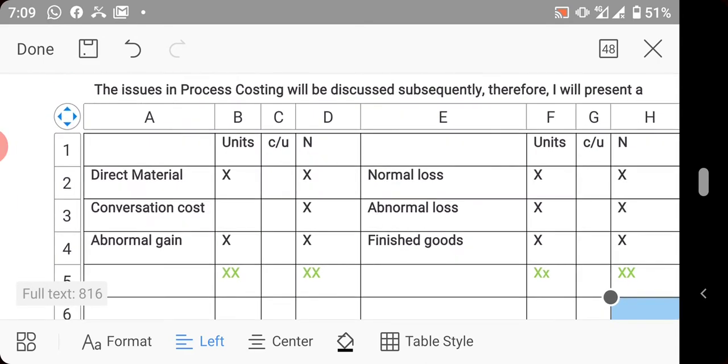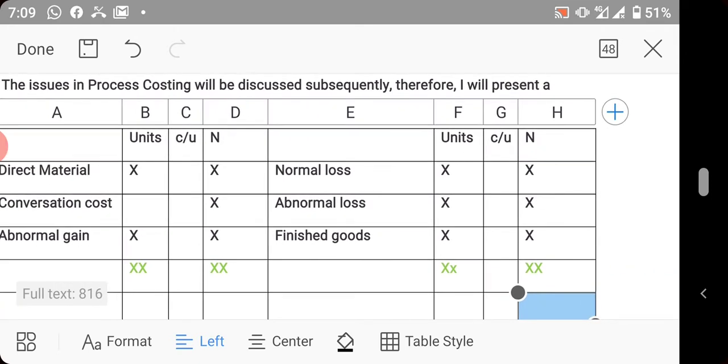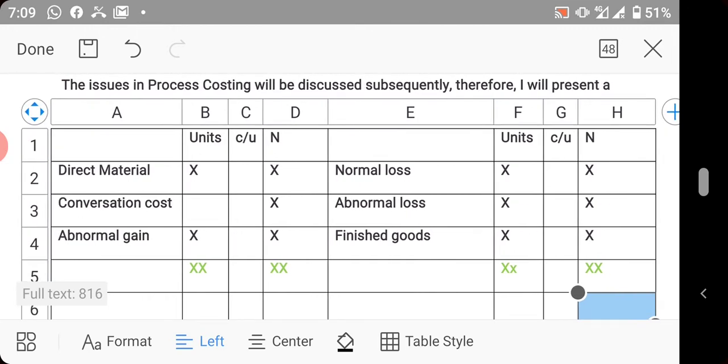The debit side is meant to record direct material cost, conversion cost, and abnormal gain. The credit side is meant to record normal loss, abnormal loss, and finished goods. Just these 3 things. So it is incumbent on you to cram this, acquaint yourself with this, and when you are given a question, you keep on picking the figures one after the other.